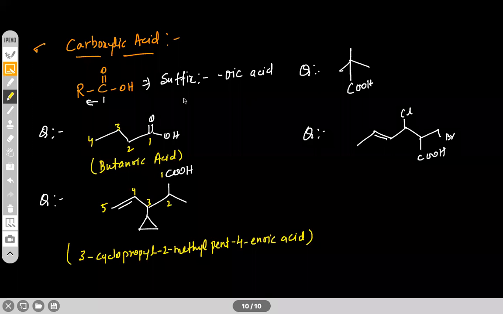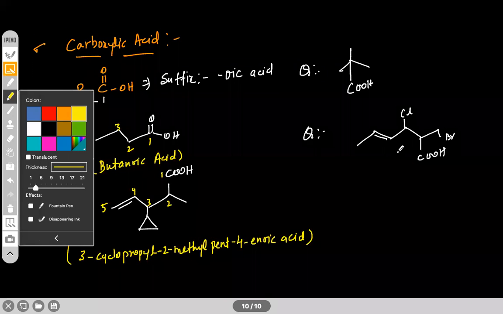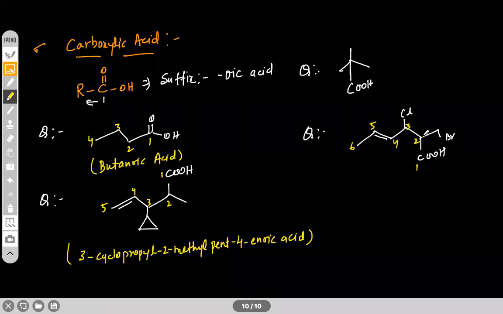I guess all of you have done this. The last one is 1, 2, 3, 4, 5, and 6. Okay. So we'll write 2-bromomethyl, 3-chloro, hex-4-enoic acid.